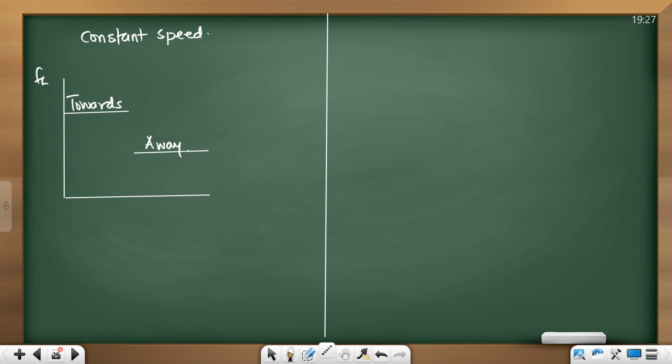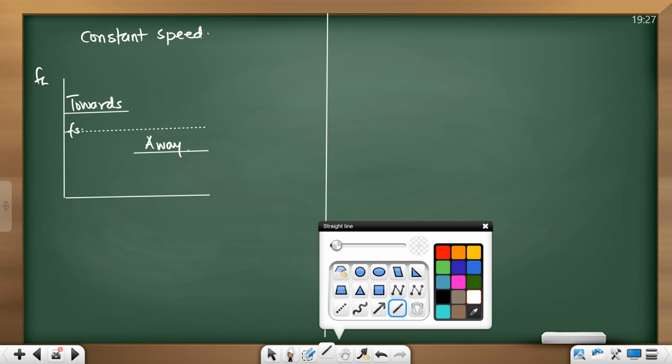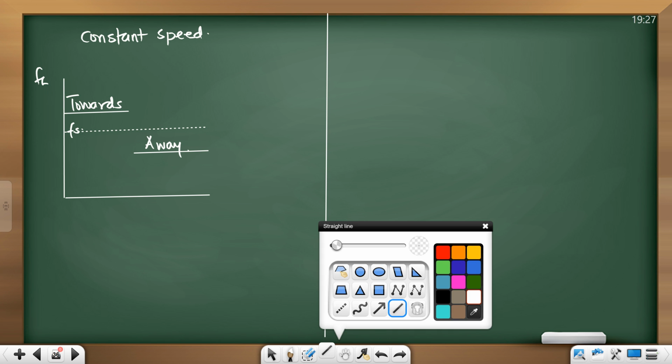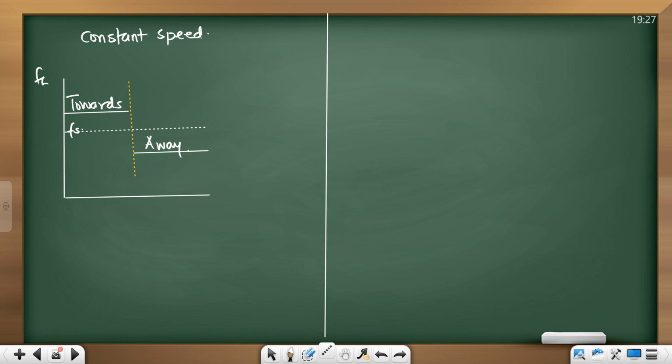And we can have right in the middle the frequency of the source. They can give you that. Towards will be higher, but this will be at constant what? Speed. At constant speed. Take note of this.